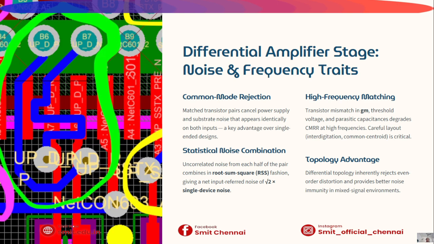Differential amplifiers also reject even order distortion and offer excellent immunity against power supply and substrate noise. However, transistor mismatches can reduce common mode rejection ratio, especially at high frequencies. This is why careful layout techniques such as common centroid placement and interdigitated structures are widely used.